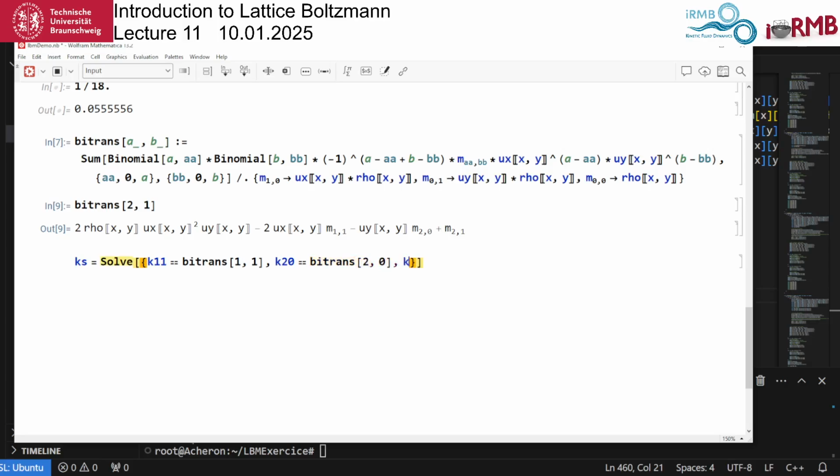And we want to have K02 as being the B trans of 0, 2. And then we want to have these moments M20, because these are the ones that we don't know.